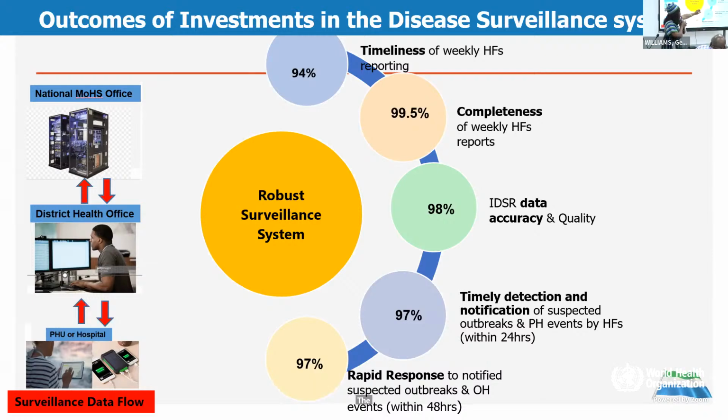We have now reached a peak data accuracy of 98%. Timely detection and notification has increased to 97%. And the rapid response to notify suspected outbreaks has also improved to 98%, due to the introduction of the EIOS system.